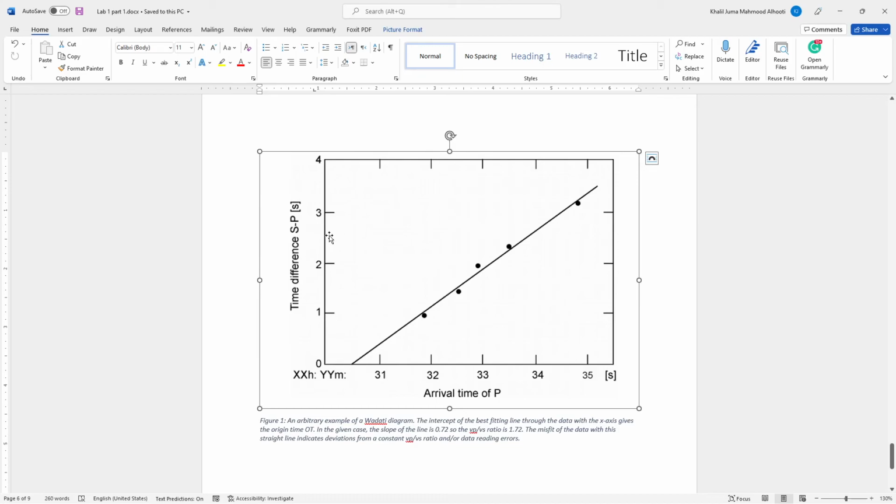Origin time is basically when the time difference between S and P is 0. You need to have the difference in time of P and S be 0. That's the time the earthquake happened.